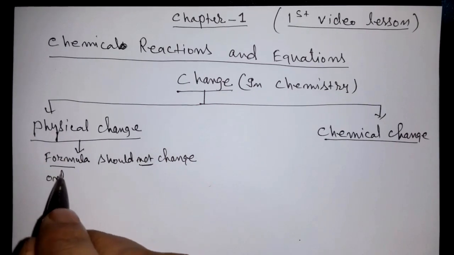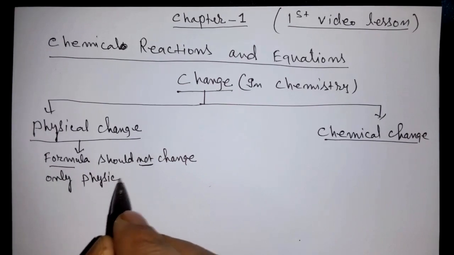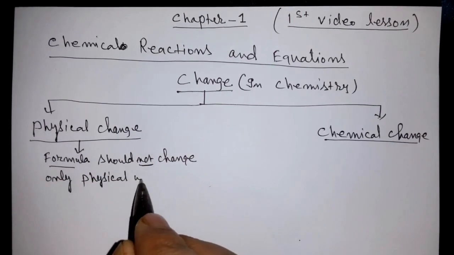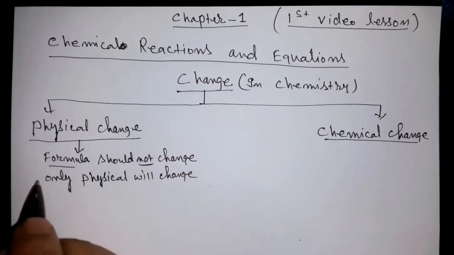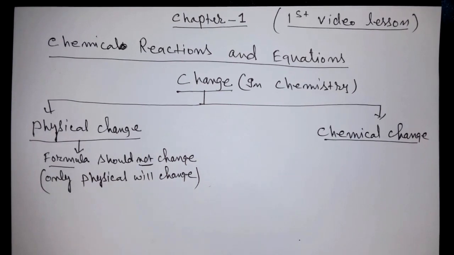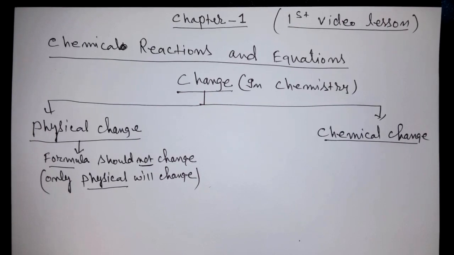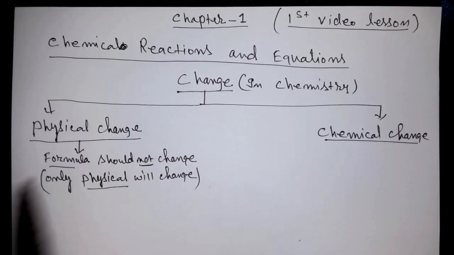Only physical states should change. So the change in which formula is not changing, only physical state is changing. For example, solid is turning into liquid or liquid is turning into gas, but the formula remains same, then that kind of change is called physical change.